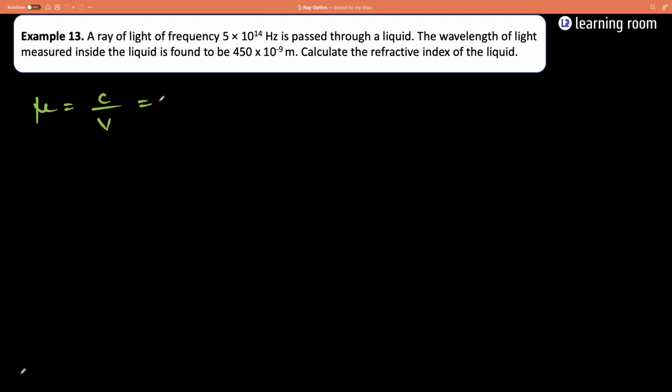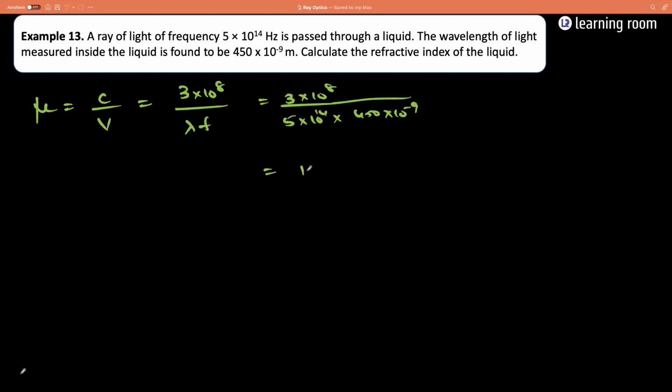The speed of light in vacuum is 3 into 10 power 8 meters per second, divided by the speed in the medium, which is lambda into frequency. So this will be 3 into 10 power 8 divided by 5 into 10 power 14 into 450 into 10 power minus 9. On solving this, you should get the answer as 1.33, which is the refractive index of this liquid.